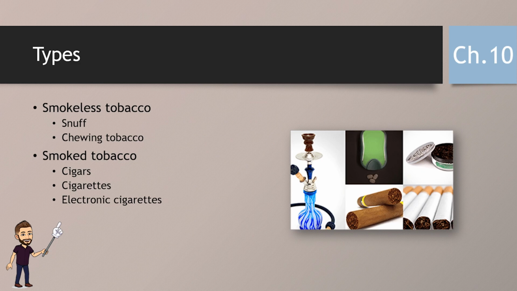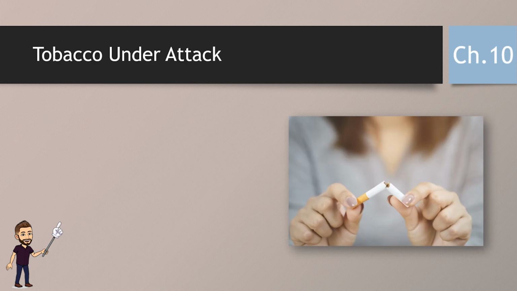Pretty straightforward stuff here. But let's talk now about the views towards tobacco and how this has changed and adapted over time. So we're going to talk about this from the point of view of, again, tobacco under attack, or the idea of how public opinion has shifted more towards a negative view of tobacco.